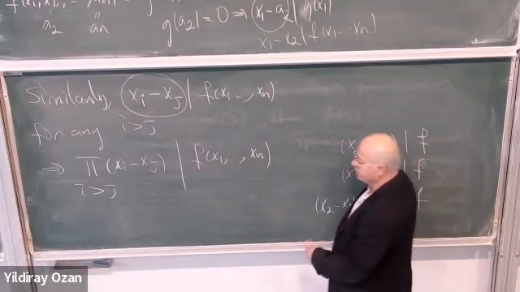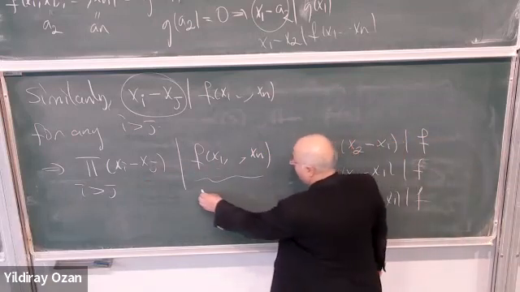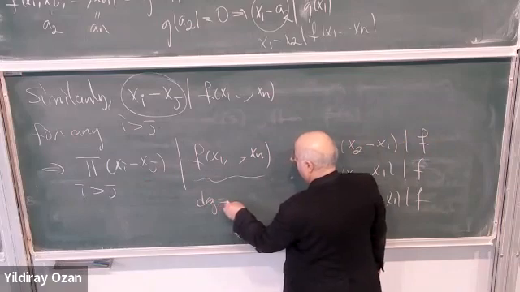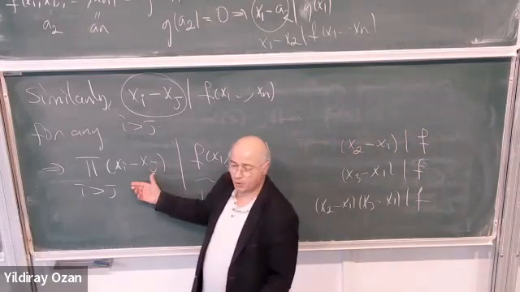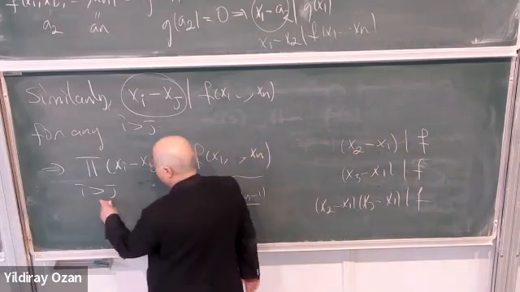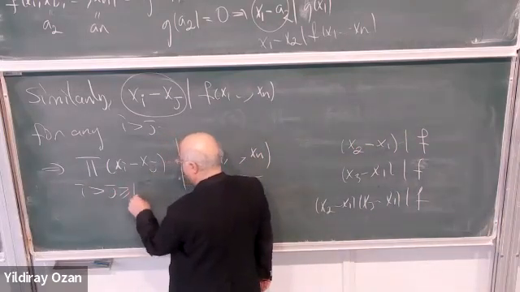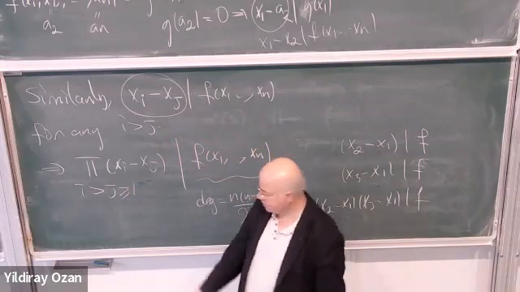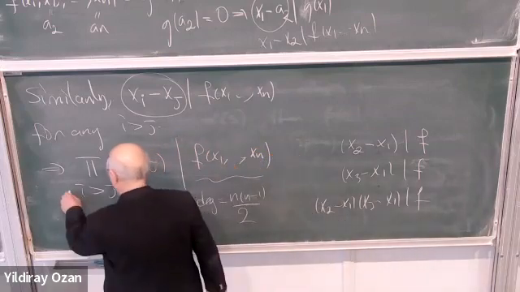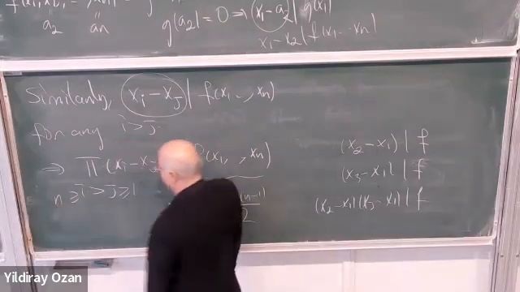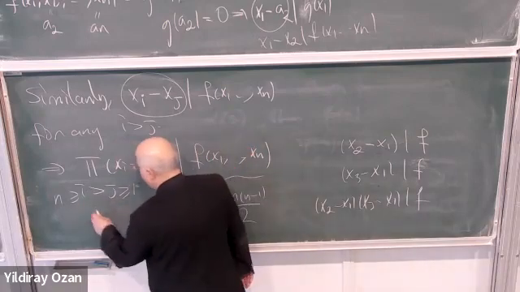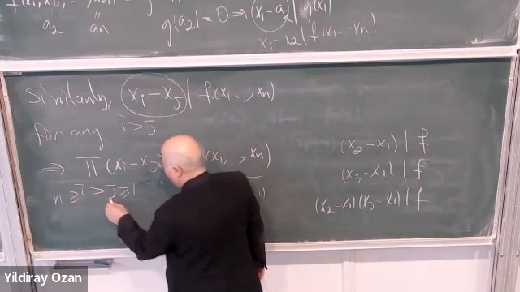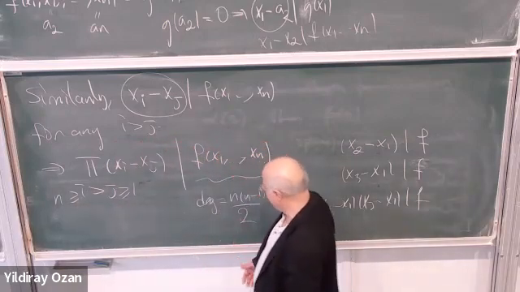But what are the degrees here? This is degree n times n minus 1 over 2. What is the degree of this one? i is larger than j, j can be at least 1, and i is at most n. How many pairs can you choose? There are n choose 2 pairs, right?